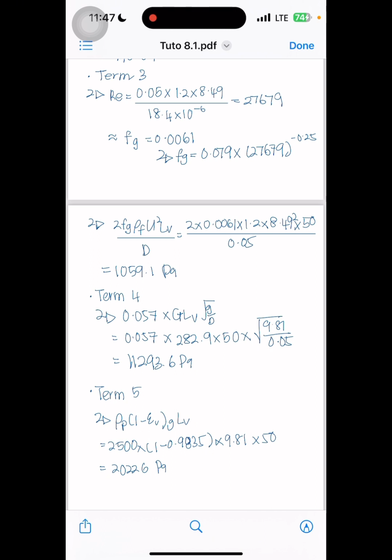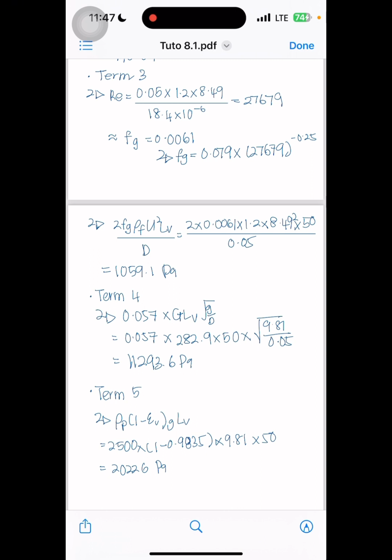After obtaining the Reynolds number, substitute the value into FG, which is 0.079 times the Reynolds number to the power of negative 0.25. Hence, we obtain 0.0061 for the Blasius correlation for a smooth pipe.